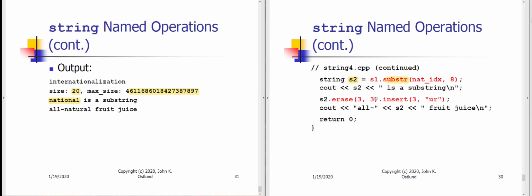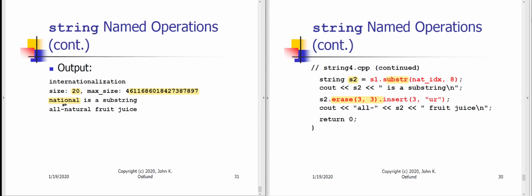Now here I am erasing characters from S2, specifically starting at position 3. I'm erasing 3 characters. Now that's going to be the ION. All right, the first character is at position 0, so 0, 1, 2, 3. Whoops, 3 is the I, followed by 3 characters. Then at position 3, we're going to insert UR.